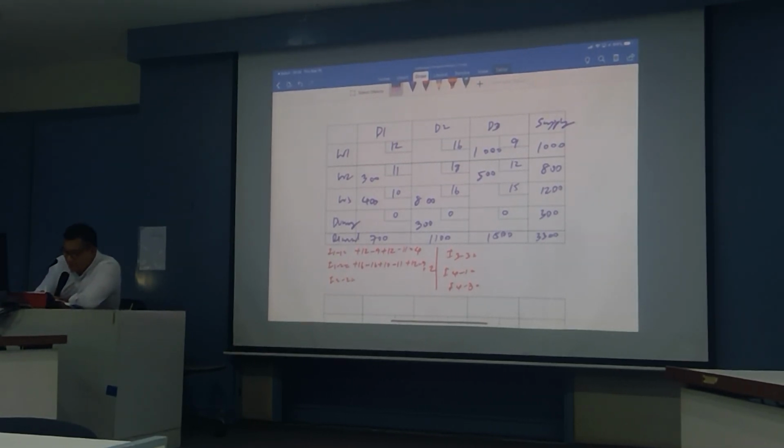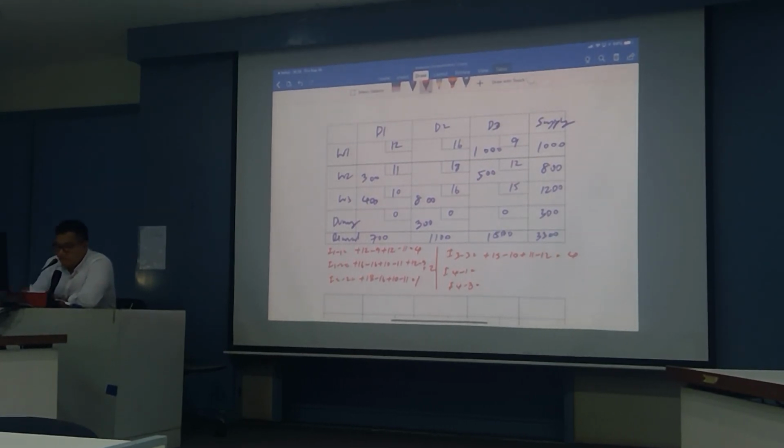Cell 2-2 is just a square, right? Plus 18 minus 16 plus 10 minus 11. Have 1. Cell 3-3 is a rectangle: plus 15 minus 10 plus 11 minus 12. 4. Cell 4-1: plus 0 minus 0 plus 16 minus 10. We have 6.